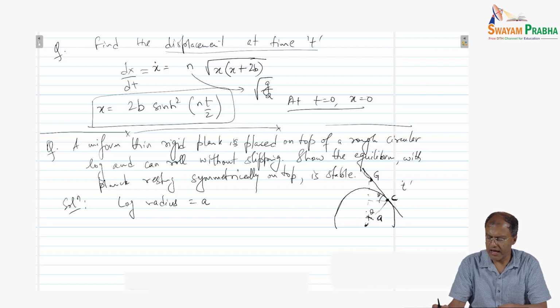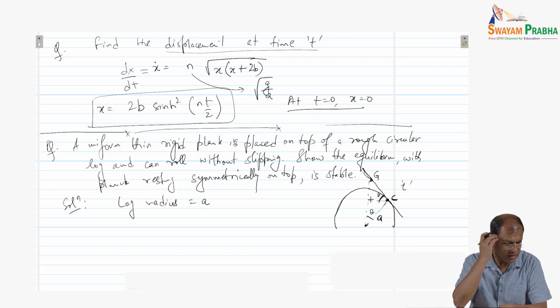Theta is the angle that the center of mass subtends with the contact point, and with geometry we can see this particular angle in the diagram is also theta. Now when the plank rolls, its center of mass is also going to get lowered.